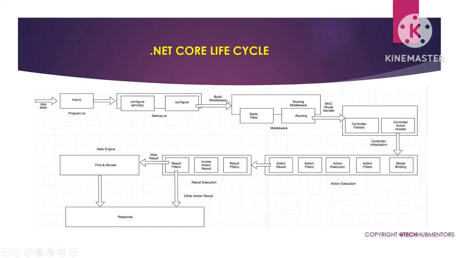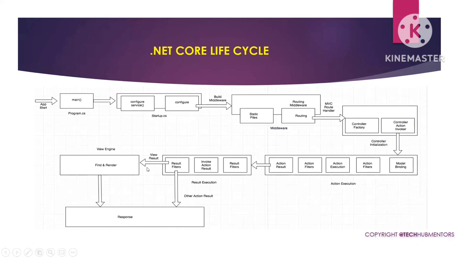Then it will start building the middleware and using static files and routing. Then it will move to the controller factory. In the controller factory, it will create the controller instance that we want. After calling the controller, it will start model binding, calling the action filters, executions, then the action result. Then the result will be sent, the same as the MVC lifecycle.